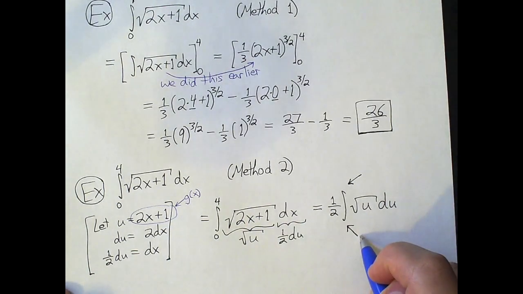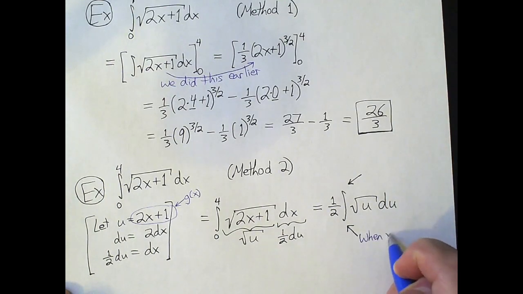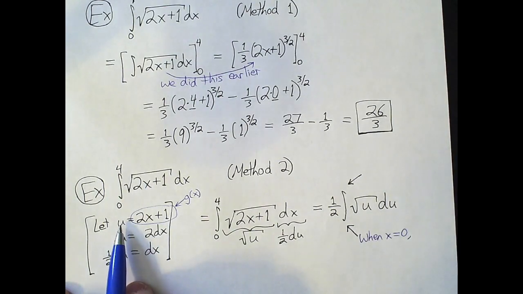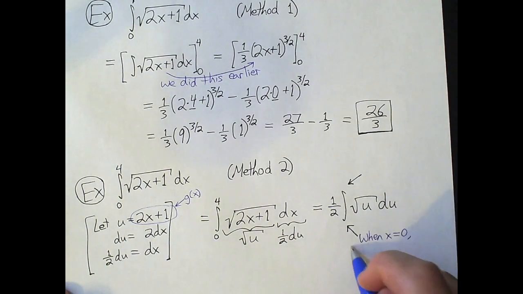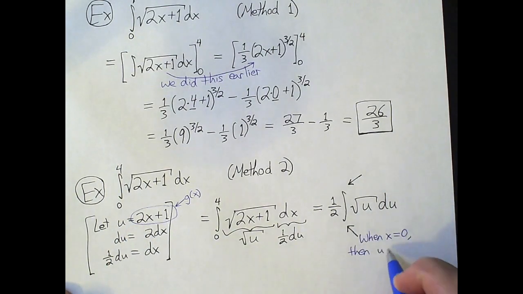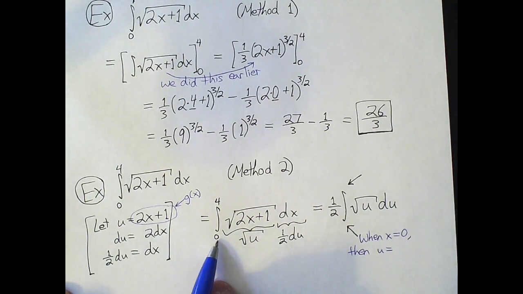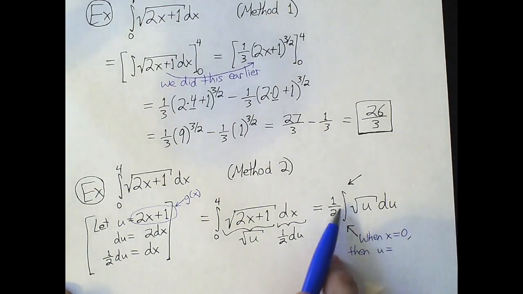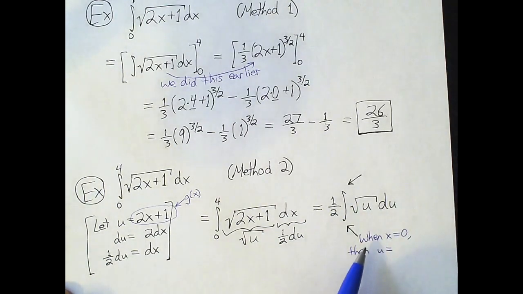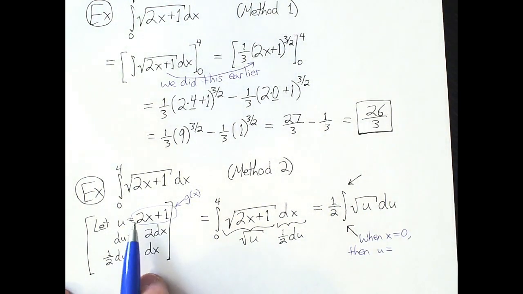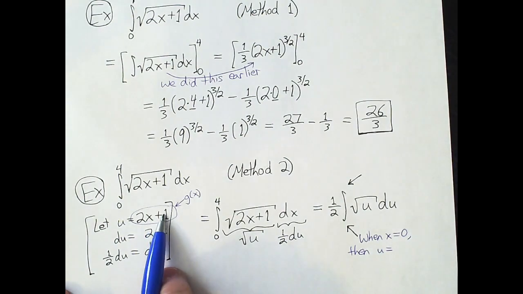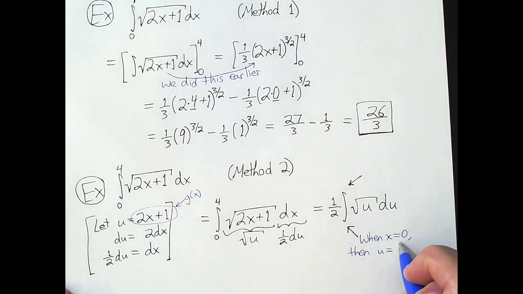here's how I'll write this. I'm going to say, when x equals 0, what does u equal? If x is 0, because these were x values, right? 0 and 4, those were x values. I want to turn them into u values. So when x is 0, u is 2 times 0 plus 1, which is 1.